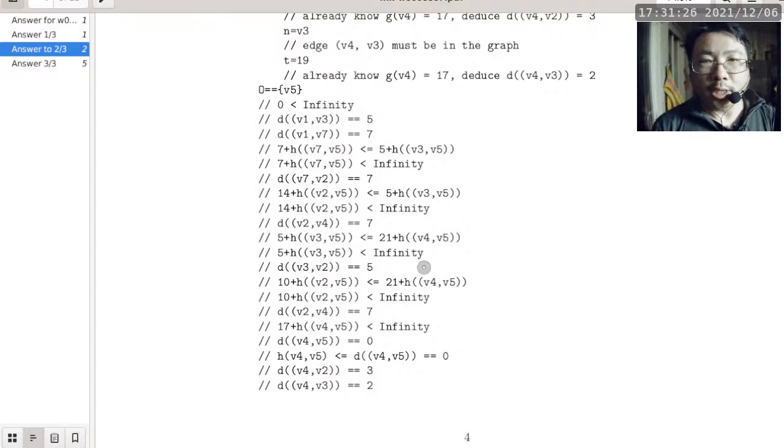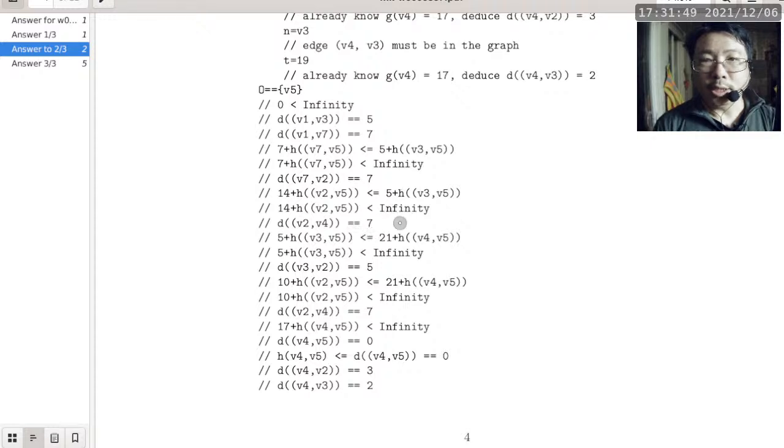So if you look at, let's see here, I'm just trying to pick one. Okay, so these are partially ordered because we can tell that 5 plus h of v3 v5 has to be greater than or equal to 7 plus h of v7 v5. But how that relates to other things? Oh, okay, it does.